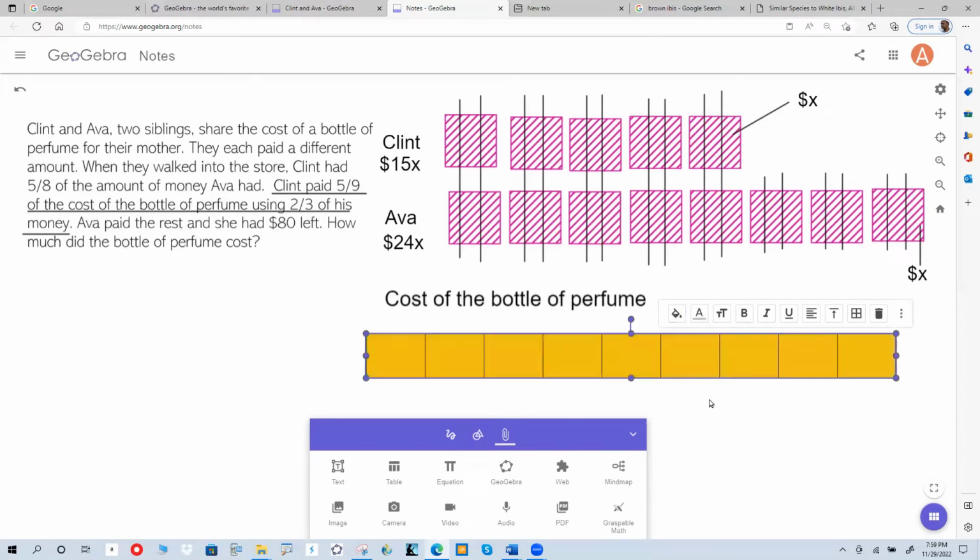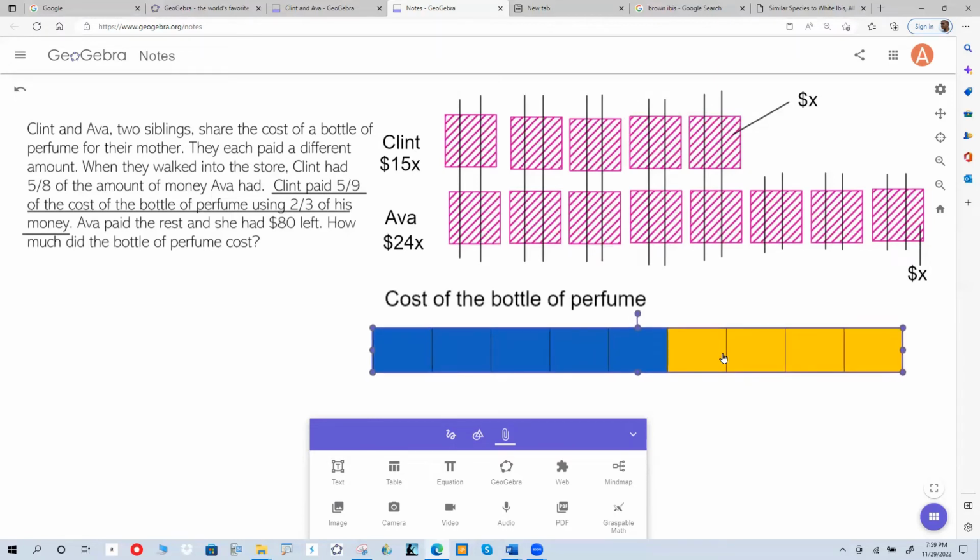She clearly paid 4/9 of the cost of the bottle.